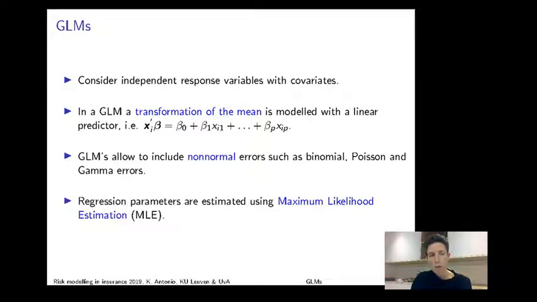And as usual, you will estimate the regression parameters in a generalized linear model with maximum likelihood estimation. Now, as you probably noticed, a peculiar feature of GLMs is the distributional assumption of the response variable, which can go beyond the normal distribution.